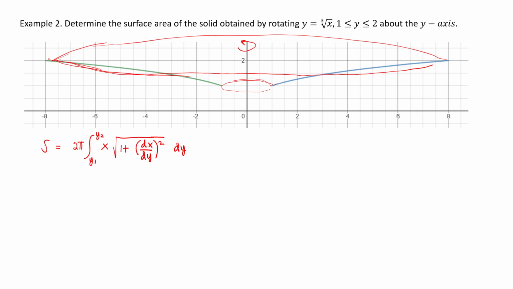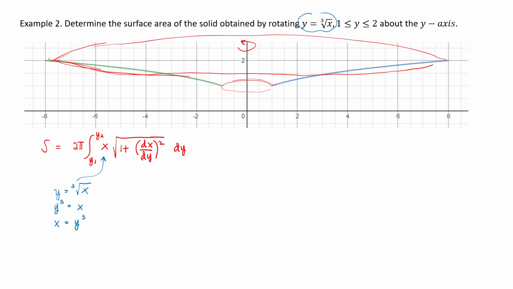Alright, so we're going to now determine the different parts of the equation. Starting off with the x variable. Since our given equation is in terms of y, we're going to convert this in terms of x. So y equals cube root of x. Getting the cube of both sides, y cubed is equal to x. So x is equal to y cubed.